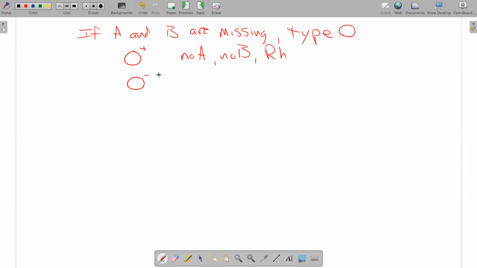And we can have O negative, so that would be no A, no B, and no RH. All 3 are missing there.